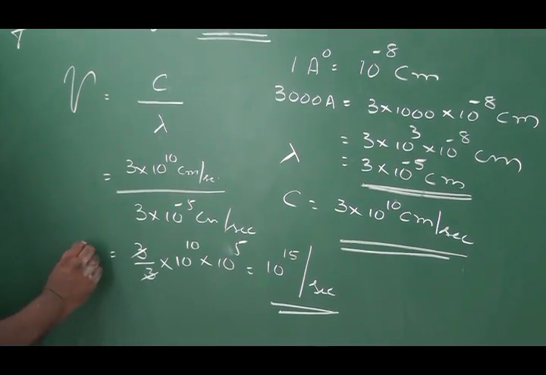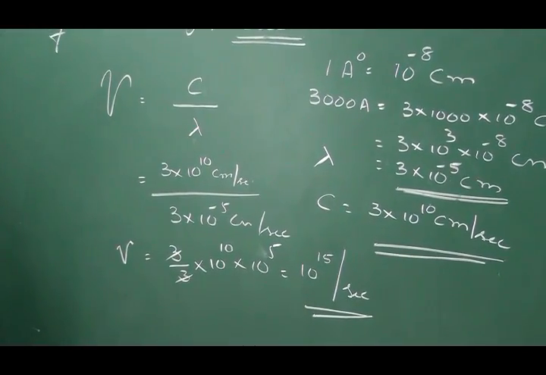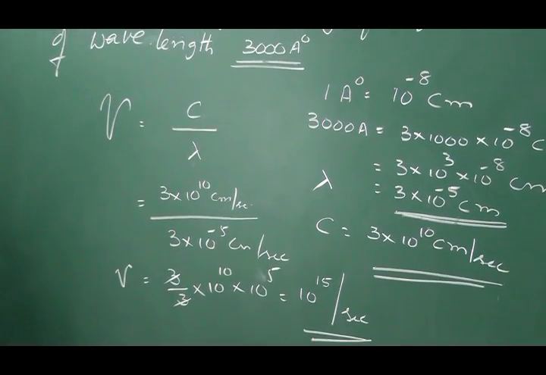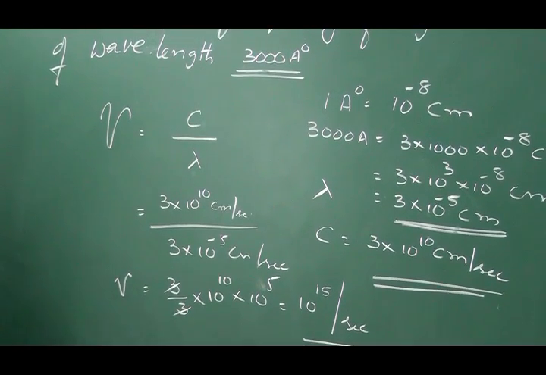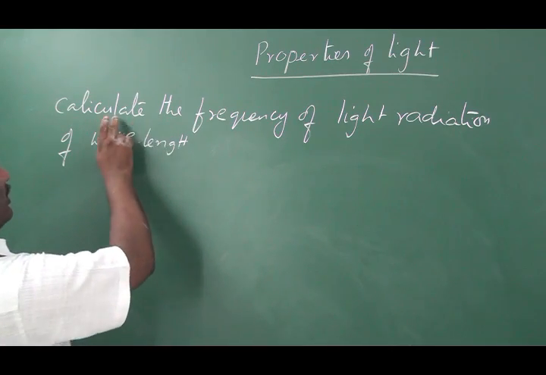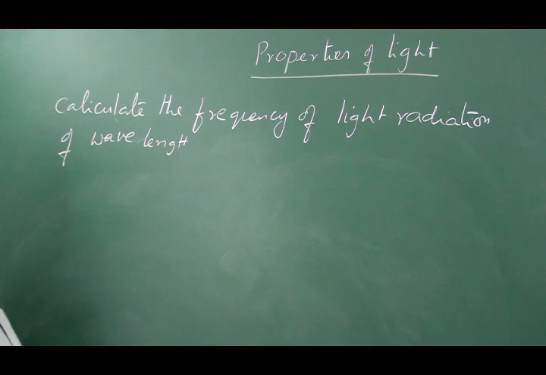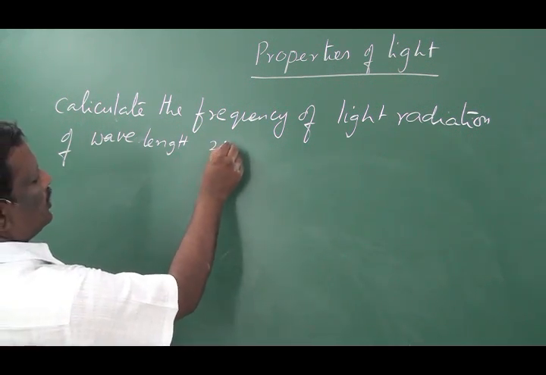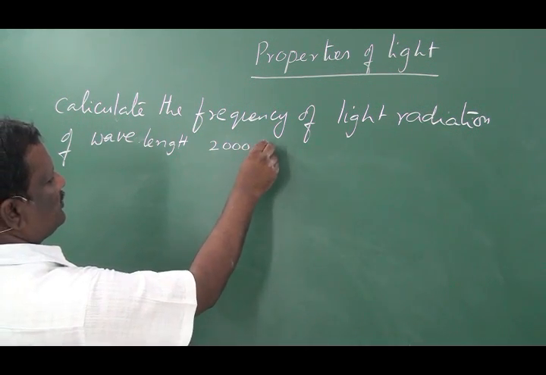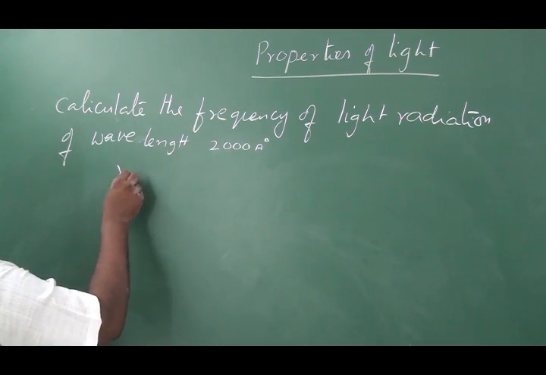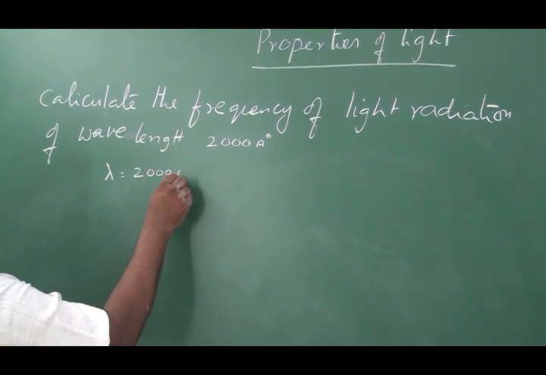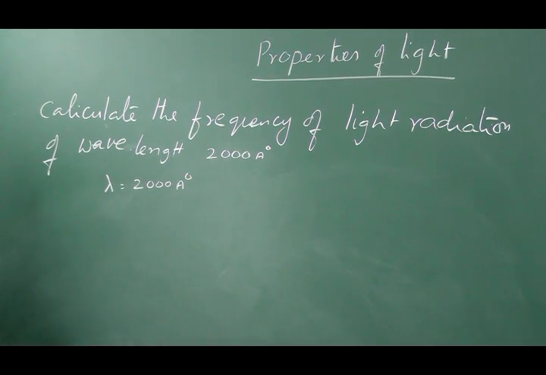So, this is the frequency of a light radiation whose wavelength is 3000 angstroms. Again, the same thing: calculate the frequency of light radiation whose wavelength is 2000 angstroms. So wavelength is equal to 2000 angstroms, and now we have to convert it into centimeters. 1 angstrom is equal to 10 to the power minus 8 centimeters.